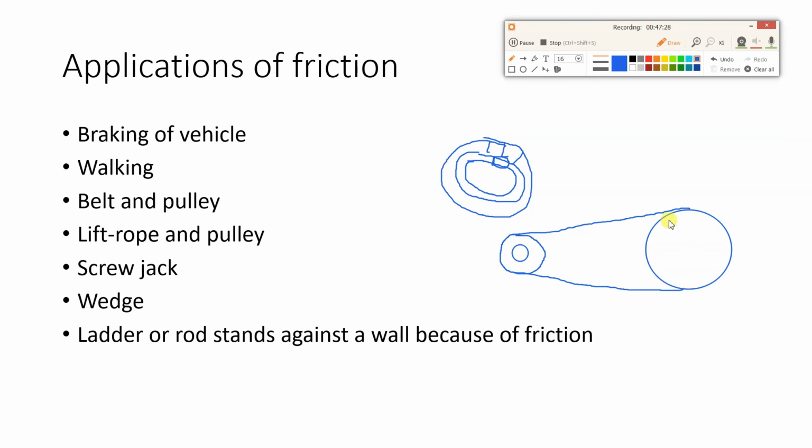There will be friction between this belt and pulley, and because of that the shaft motion is transferred to the compressor, which compresses the air, and the person is able to fill the compressed air in the tube of the tire. Again, this circular part is the pulley and this is the belt. There will be friction between the belt and pulley, and only then will the motion of the shaft be transferred to the compressor.